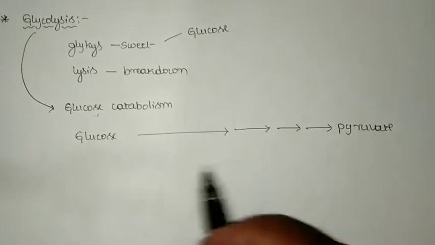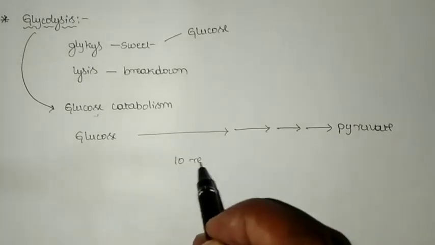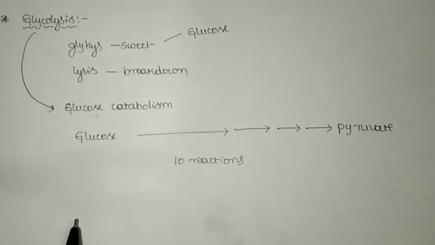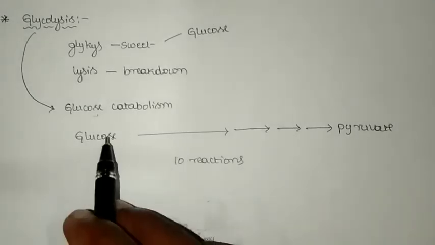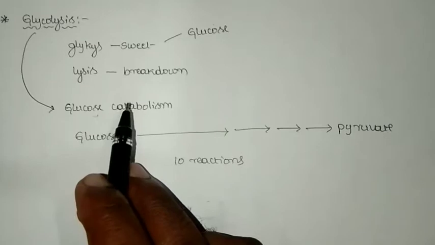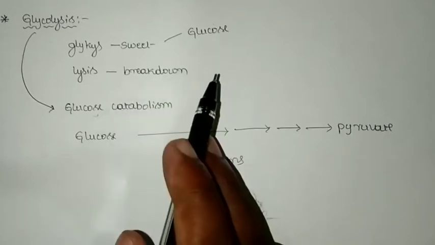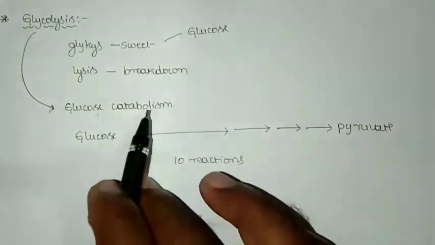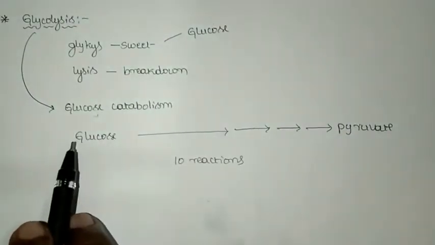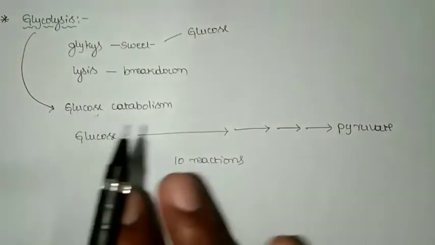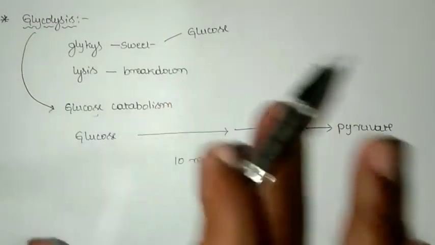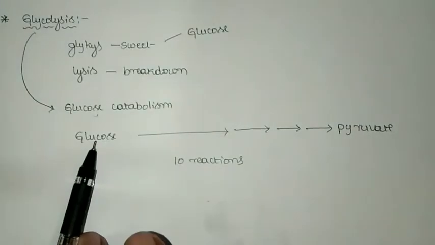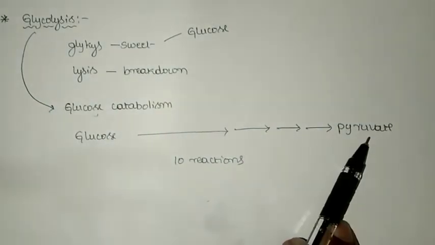There will be a total of 10 reactions for the conversion of glucose into pyruvate. Each and every reaction, each and every degradative stage, is catalyzed by specific enzymes. So strictly speaking, we can say glycolysis is an enzyme-catalyzed degradative pathway of glucose producing pyruvate.